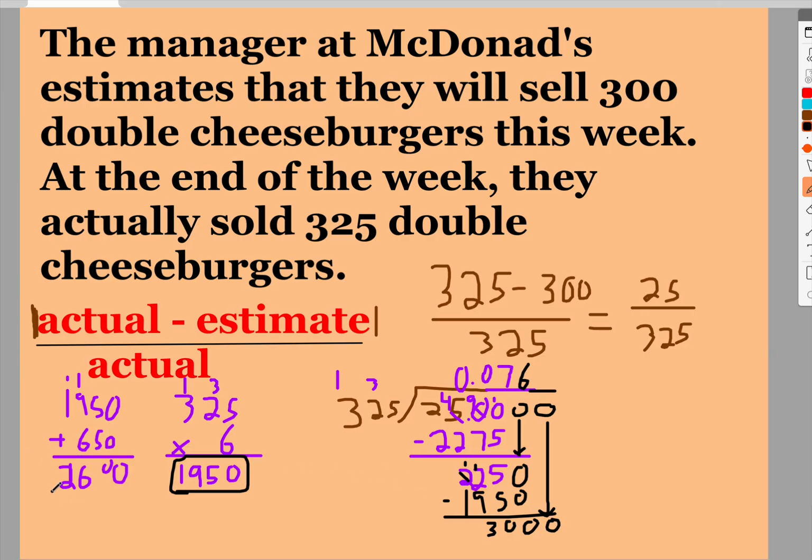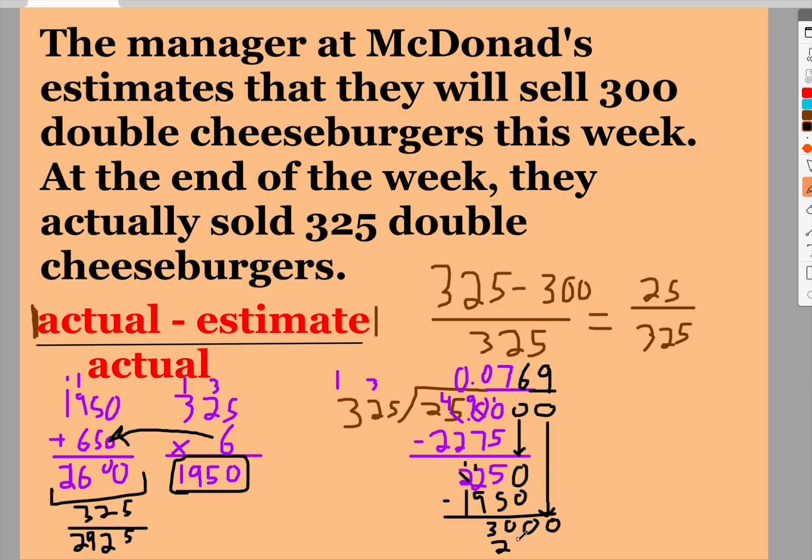We saw over here this was 8 times before, because 6 and 2 more. So it looks like maybe 9. 2,600 plus 325, yeah, I'm going to go 9. If I do 2,600 plus 325, I get 2,925.